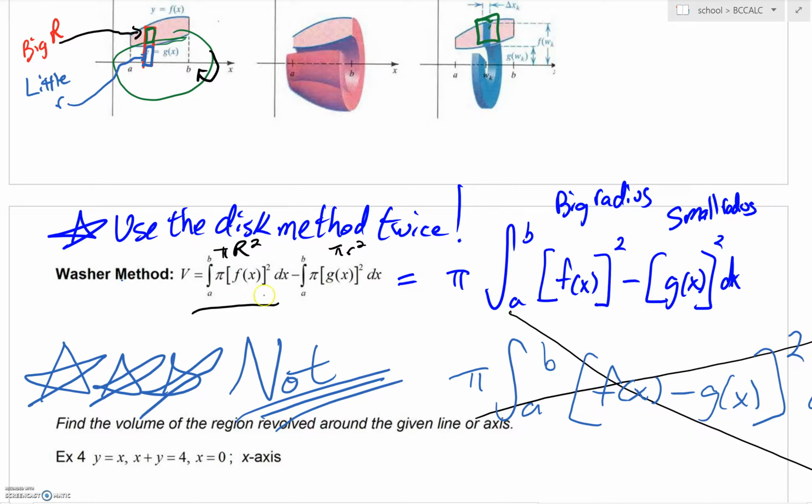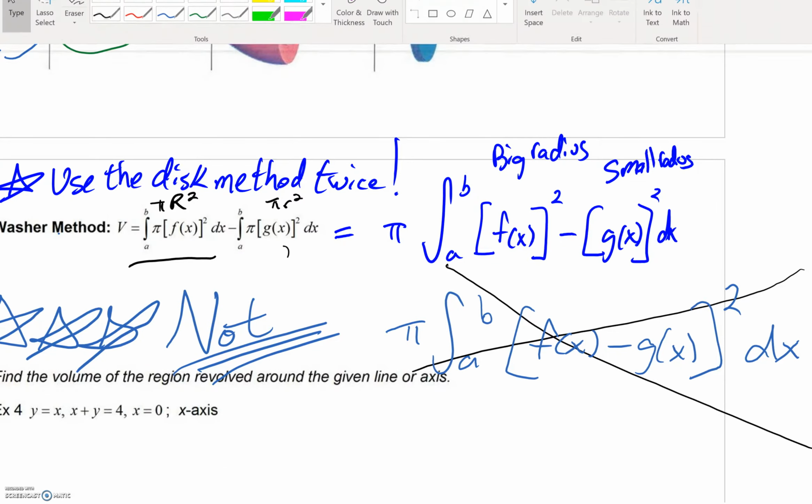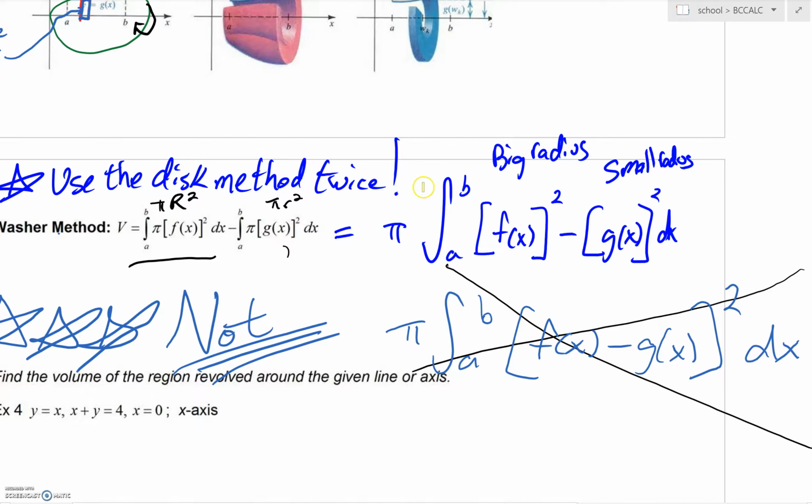Now, what you can do is pull the pi's out and join these integrals into one. And what you're seeing right here is very typical of what you'd see in a textbook. You look inside and you could say, well, I've got my big radius, I've got my small radius right here.